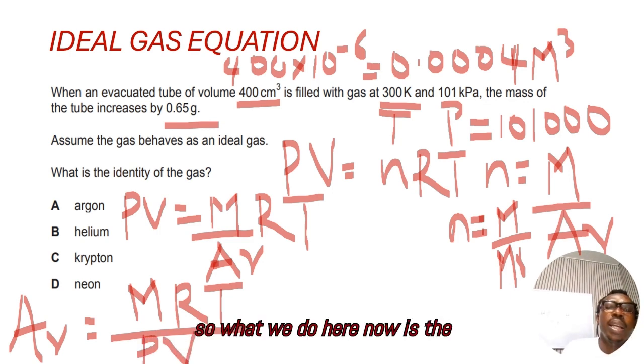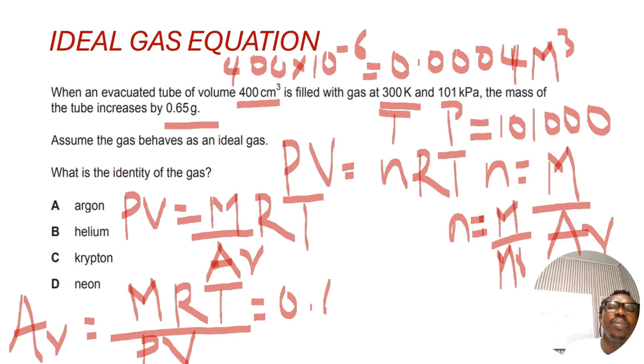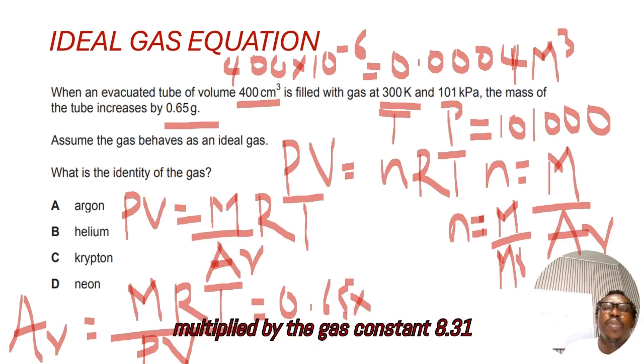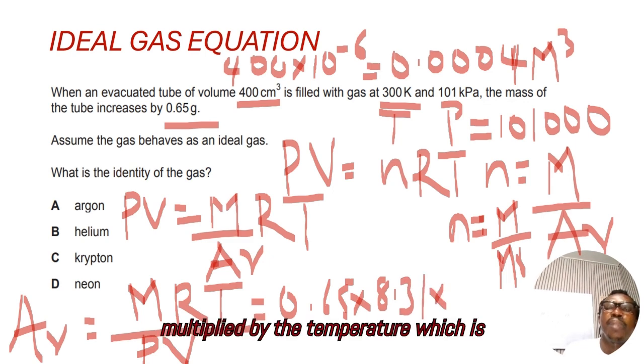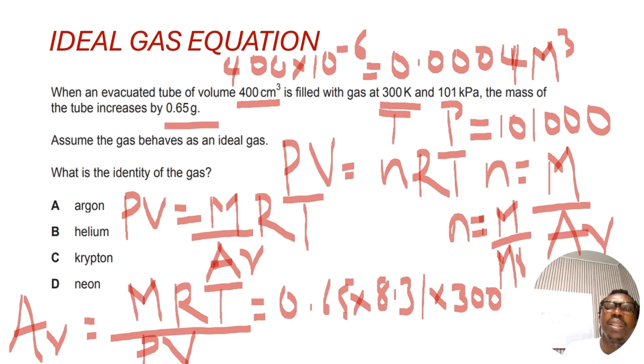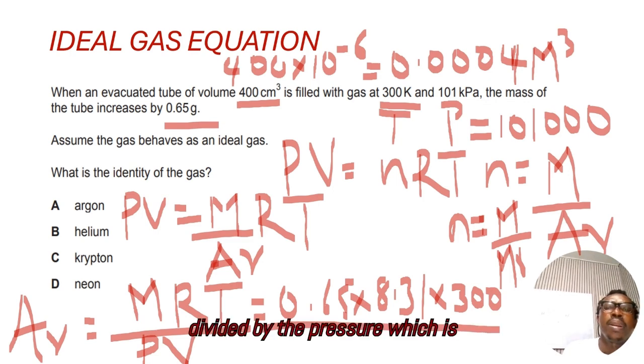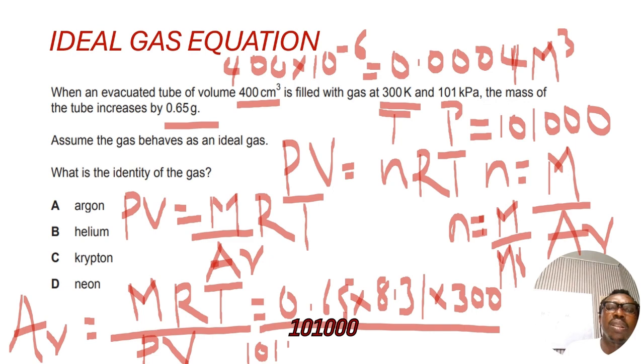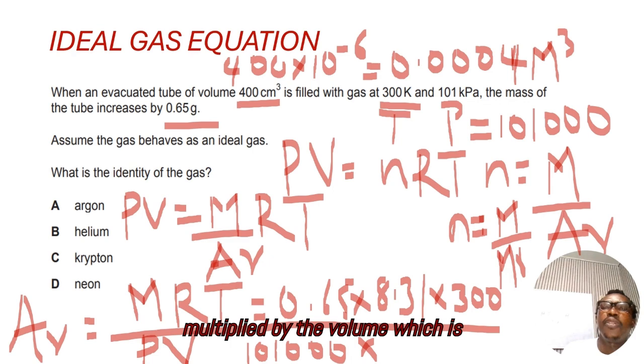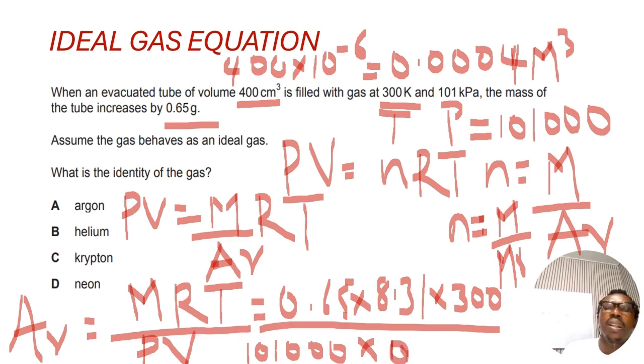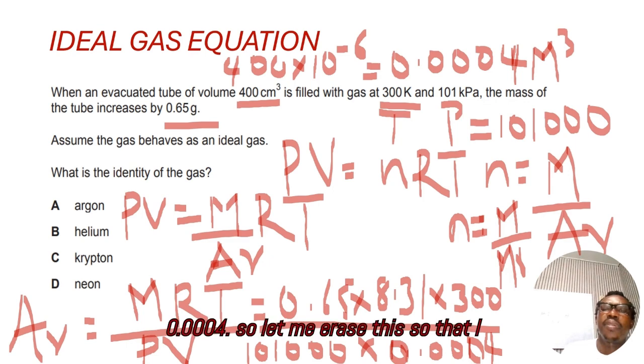So what we do here now is the mass is 0.65 multiplied by the gas constant 8.31 multiplied by the temperature, which is 300 Kelvin, divided by the pressure, which is 101,000, multiplied by the volume, which is 0.0004.